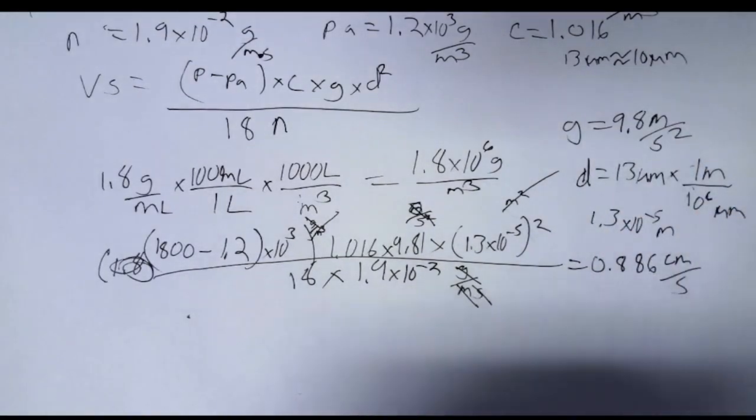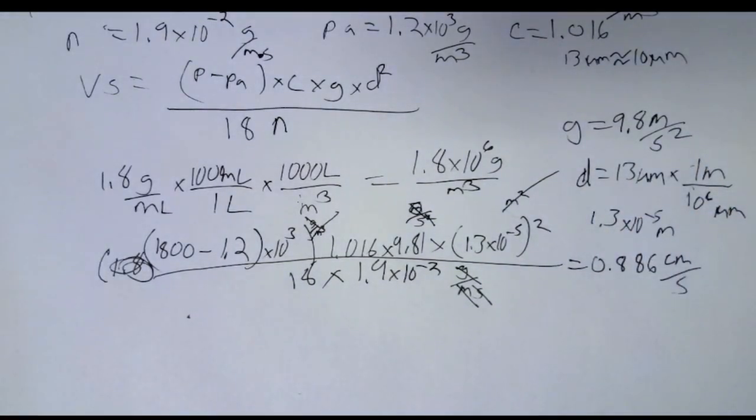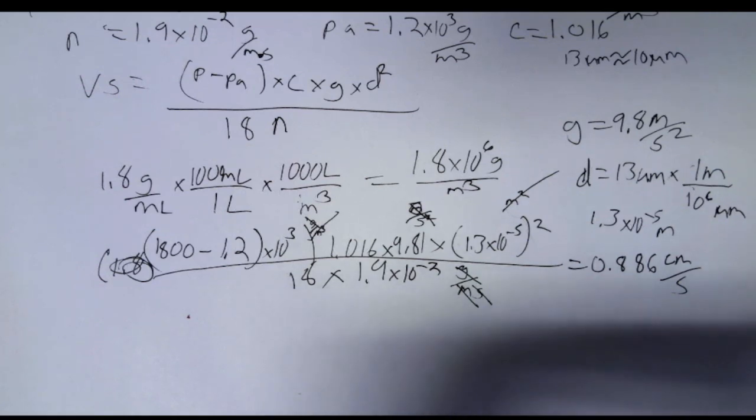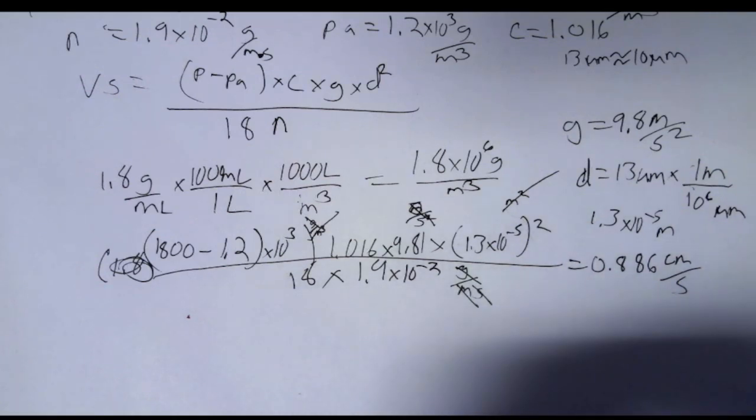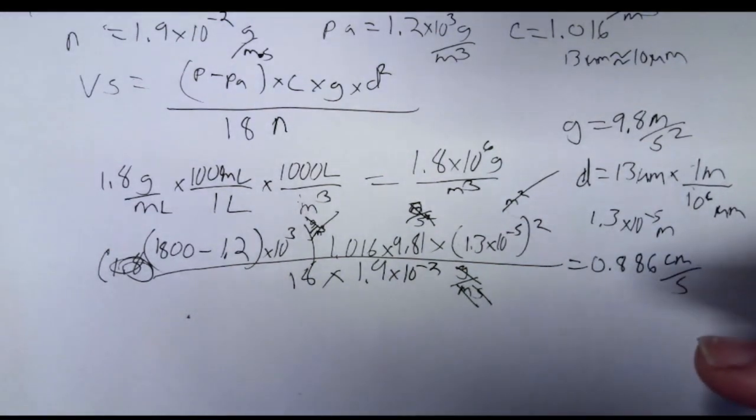Now the second part asked us for the settling rate in units of grams per meter squared second. To do this, we need to utilize our velocity, which we just got, and our concentration.